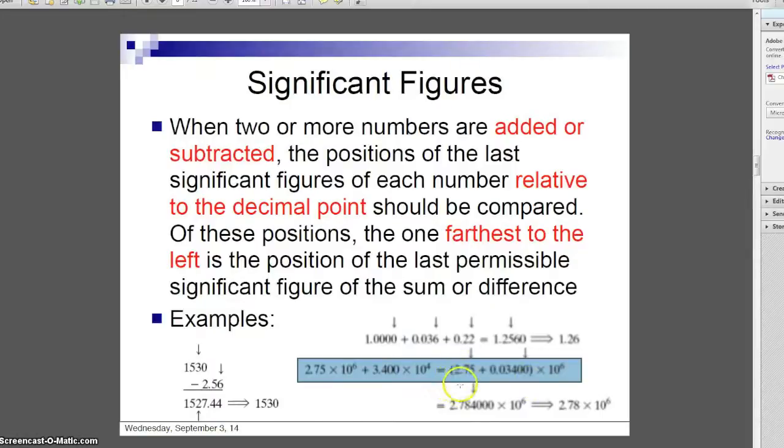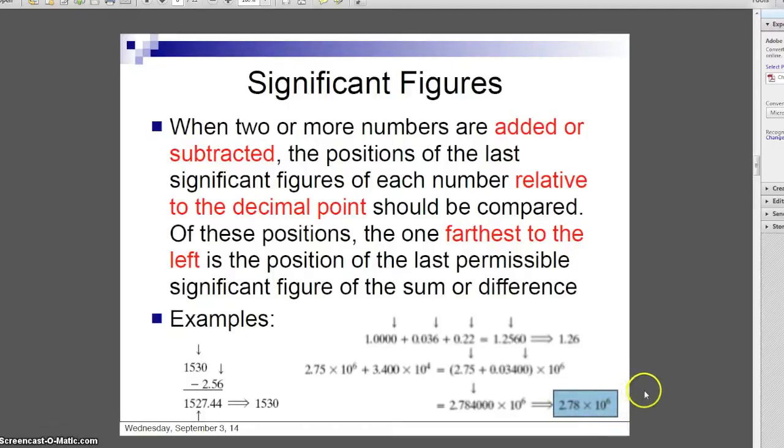So the answer is 2.784 times 10 to the power of 6. But since they're only using it to 2 decimal places, the final result is just 2.78 times 10 to the power of 6.